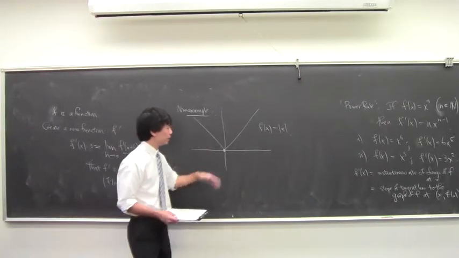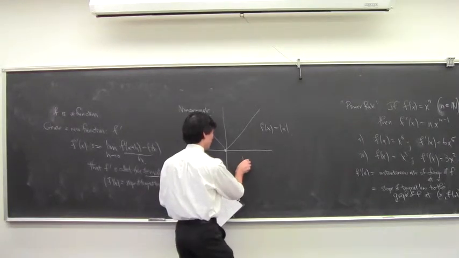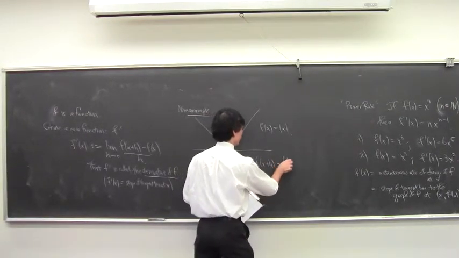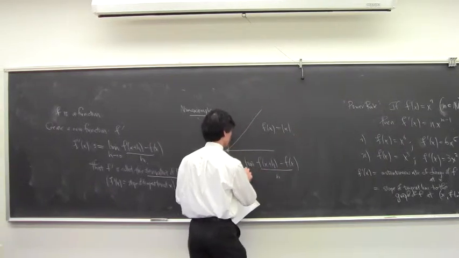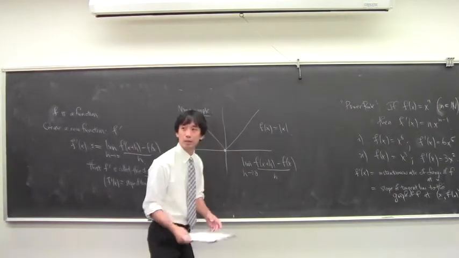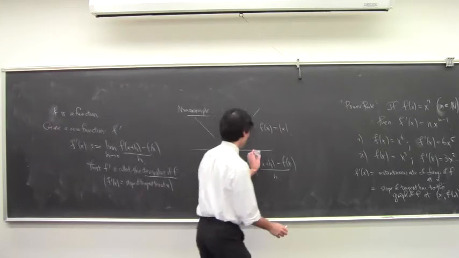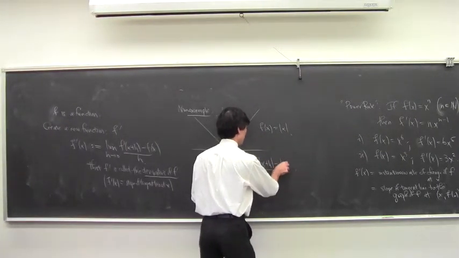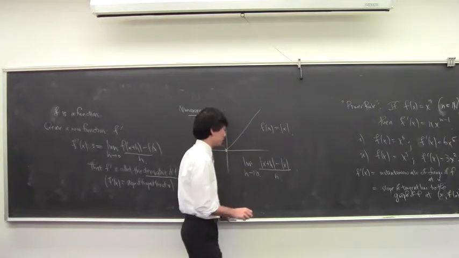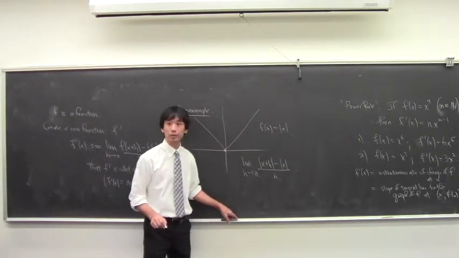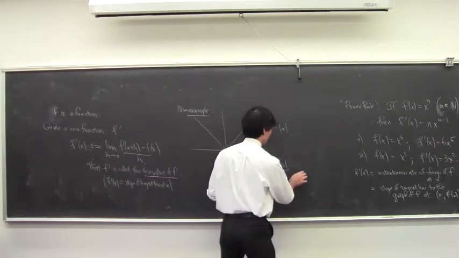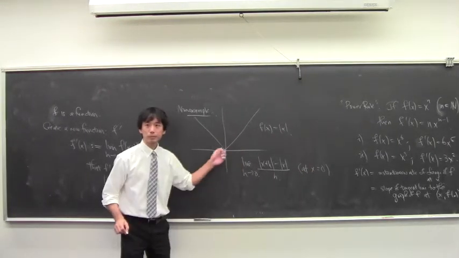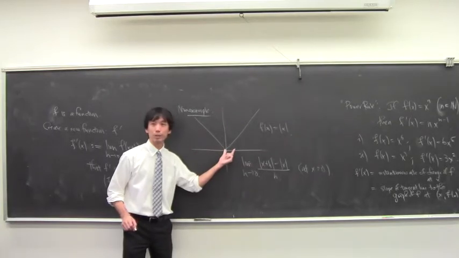You want the limit of f of x plus h minus f of x over h as h approaches 0. So that's the limit of the absolute value of x plus h minus the absolute value of x over h as h approaches 0. So you want the limit of the slopes of the secant lines.